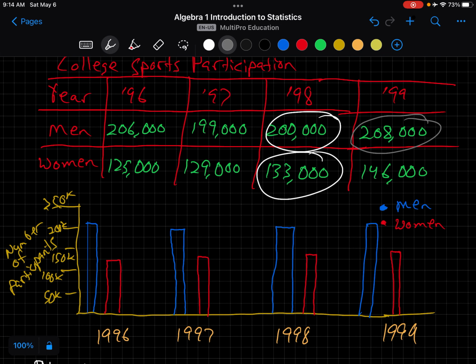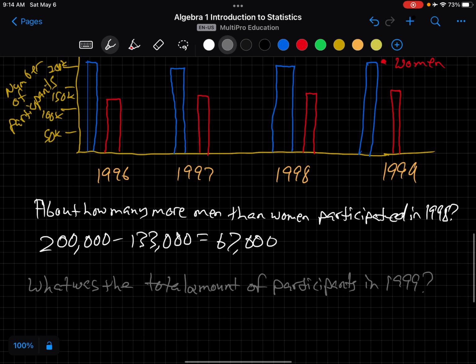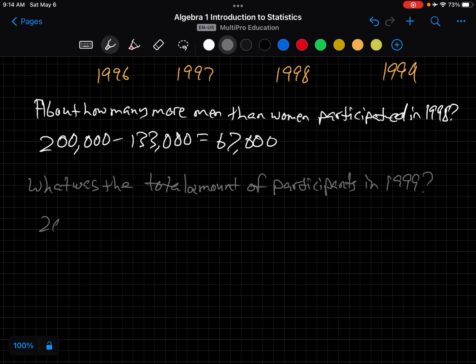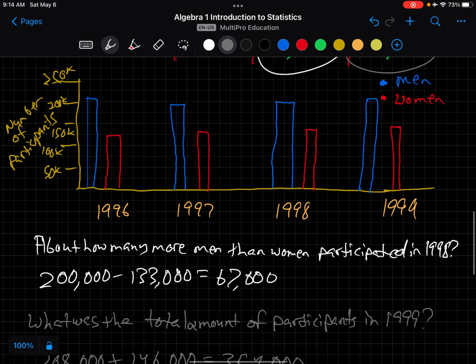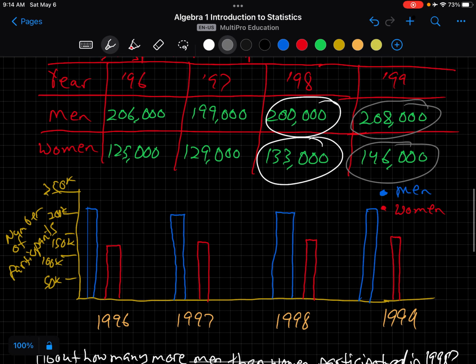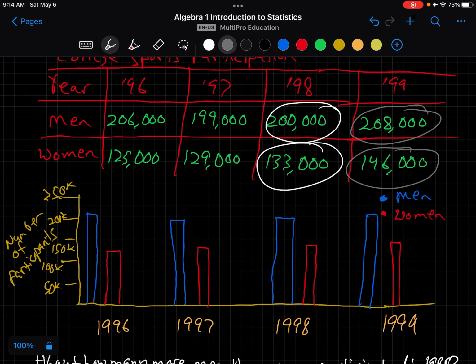So for 1999, we would need to sum together 208,000 plus 146,000, right? This is 354,000. So these questions we can answer without the bar graph. We can just look at the table.